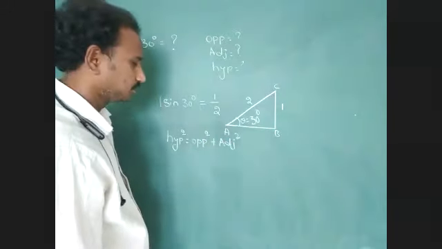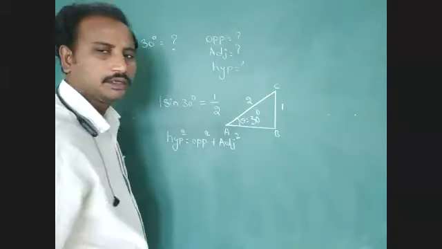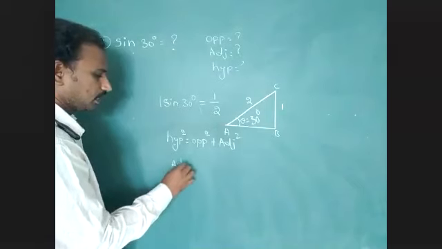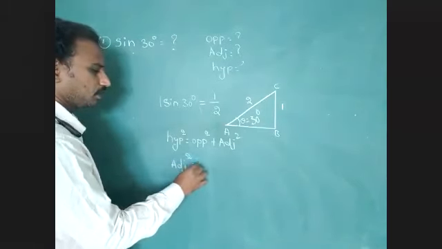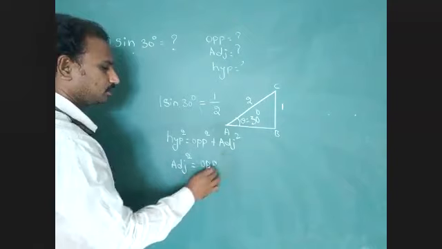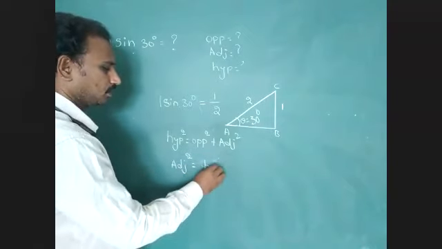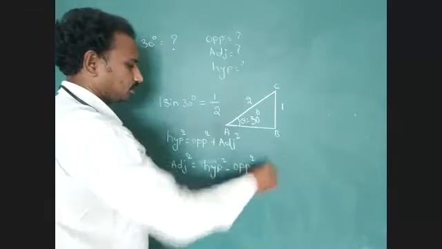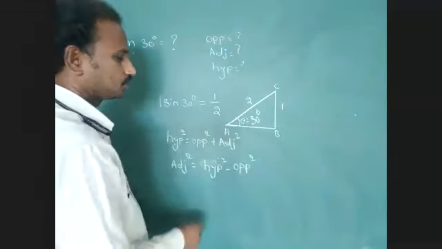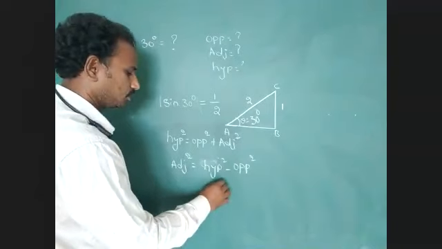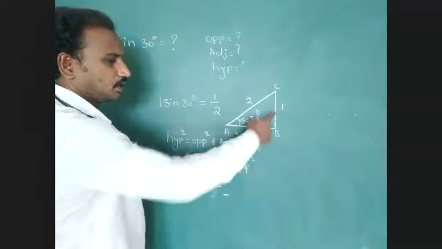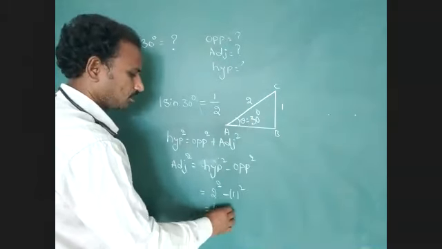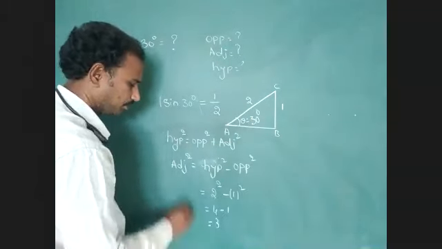So adjacent side whole square equal to hypotenuse whole square minus opposite side whole square. 2 square value 4, minus 1 square, that is equal to 3.